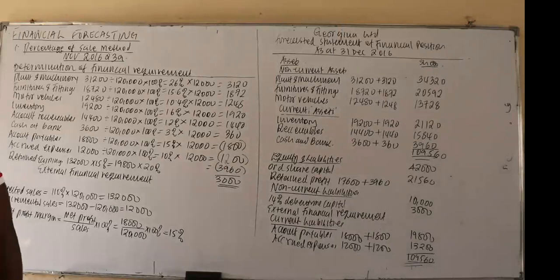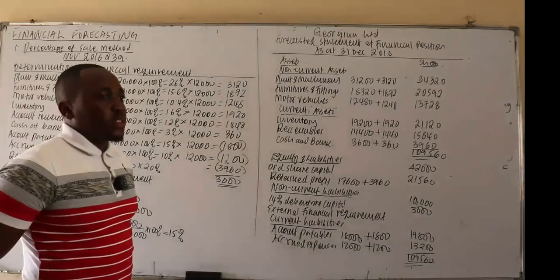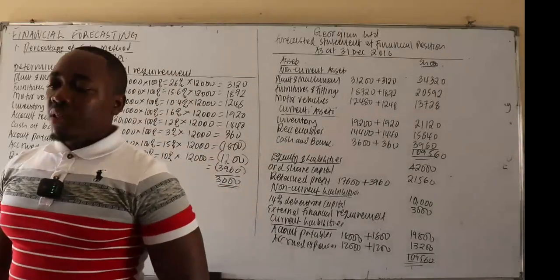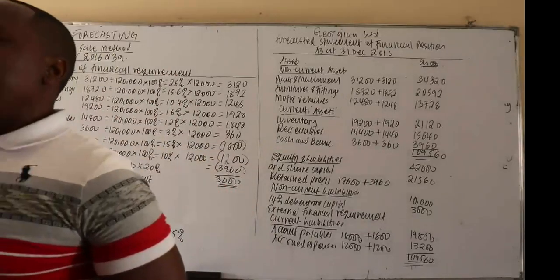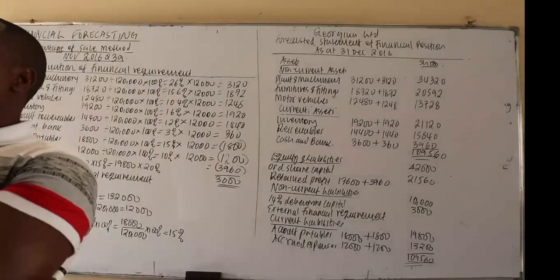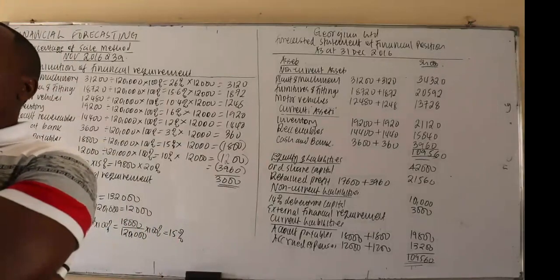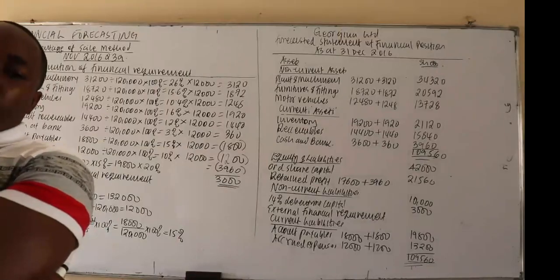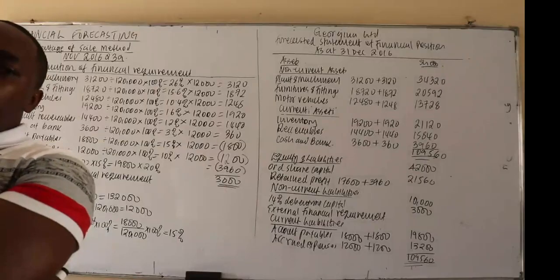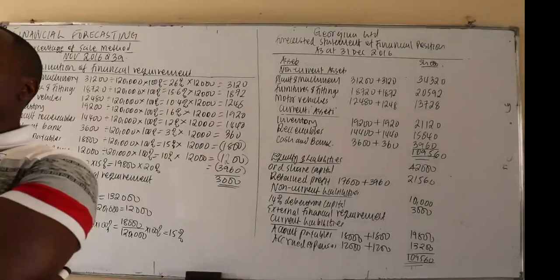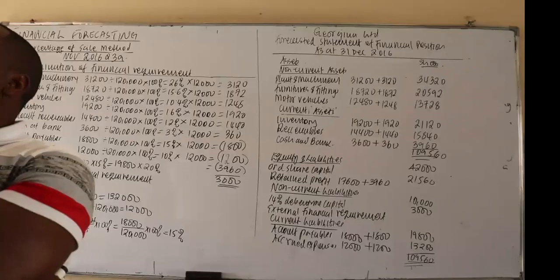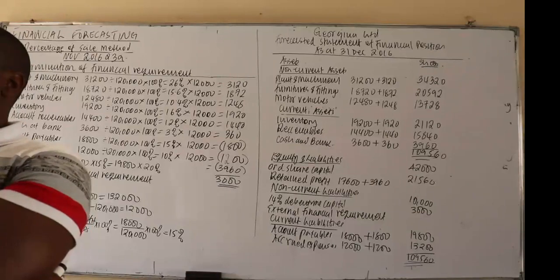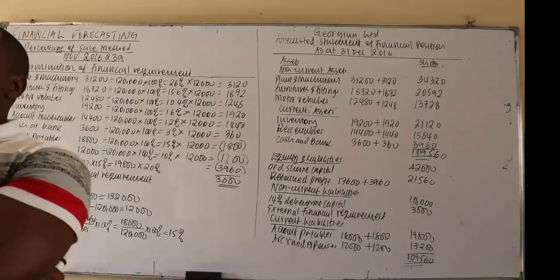Another one, it assumes that the relationship between various balance sheet items and sales will remain constant, which is not always the case.